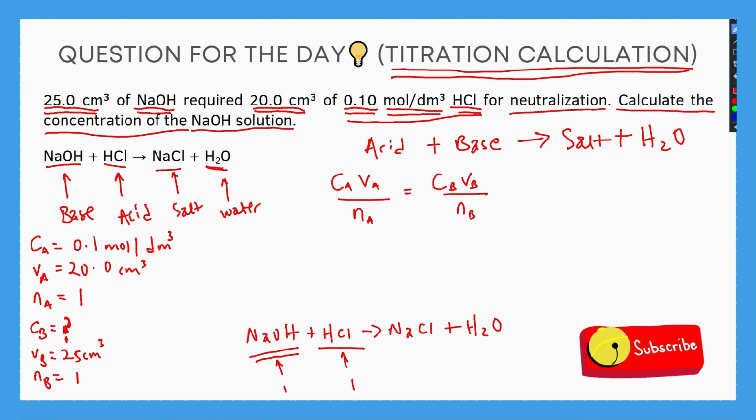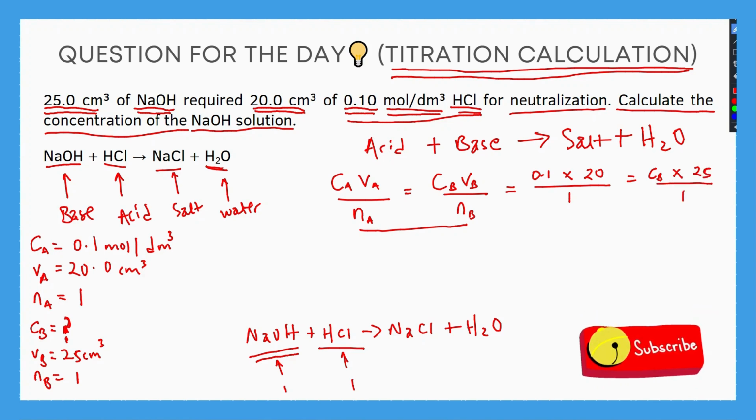So if we input all of this into this formula over here, what we have is Ca, which is 0.1, times Va, which is 20, divided by Na, which is 1, is equal to Cb. Cb is unknown, multiplied by Vb. Vb is 25, all divided by 1.